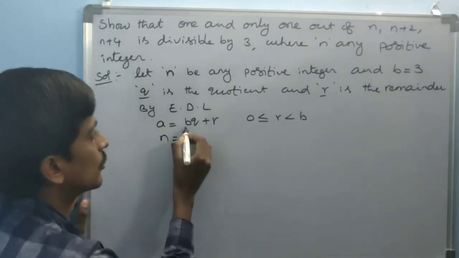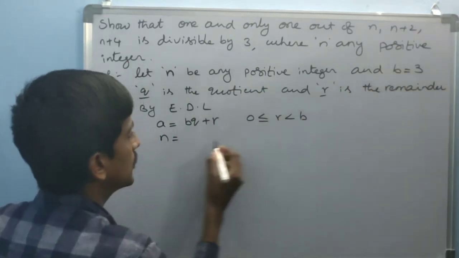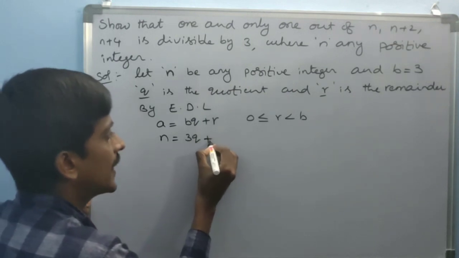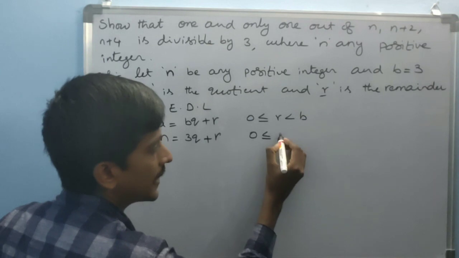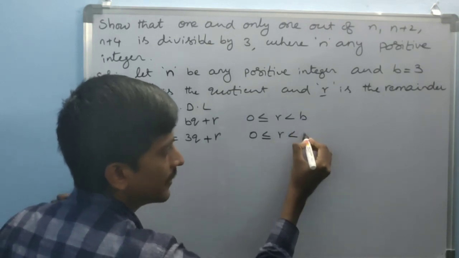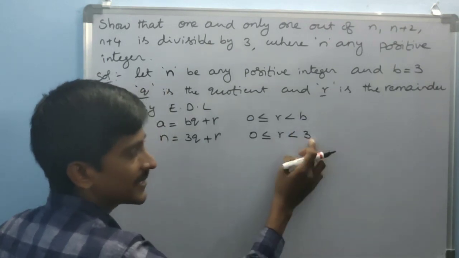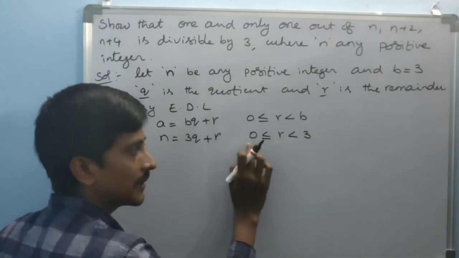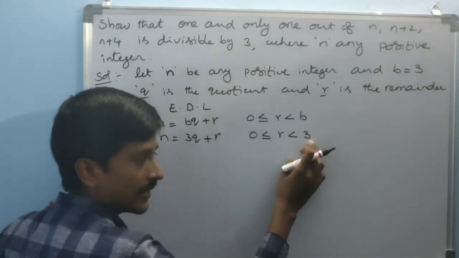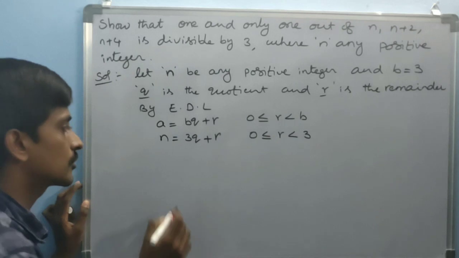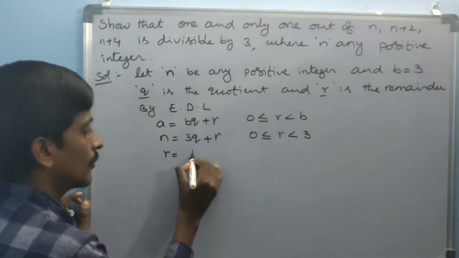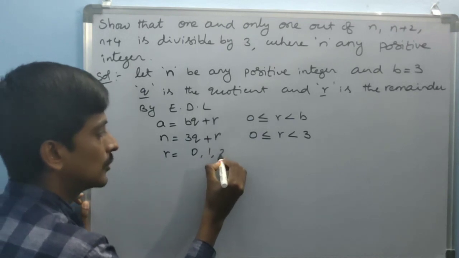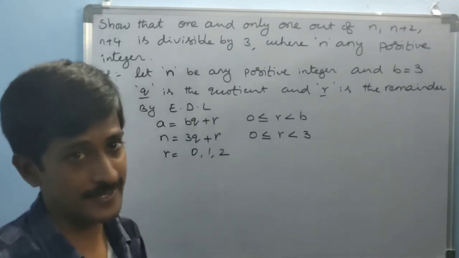So n equals 3q plus r, with 0 less than or equal to r less than b, and b's value is 3. So r is less than 3, r is between 0 and 3, including 0. So r equals 0, 1, 2. These are the three cases.